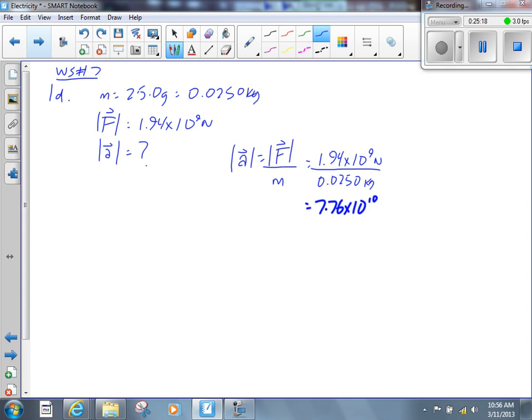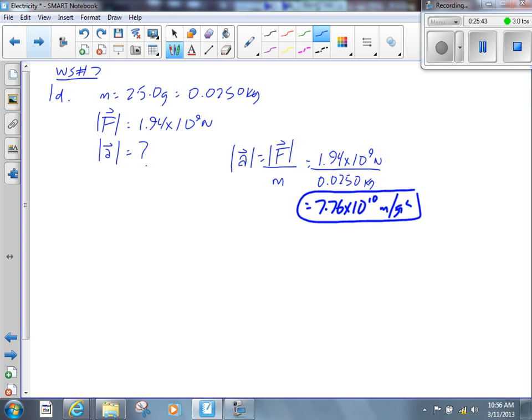Now we can use newtons per kilogram, or we could use meters per second squared. That's a big number. You guys may have learned in Science 9, when you were doing the heat unit, that the fastest speed that anything can travel is the speed of light, which is 3.00 times 10 to the 8 meters per second.